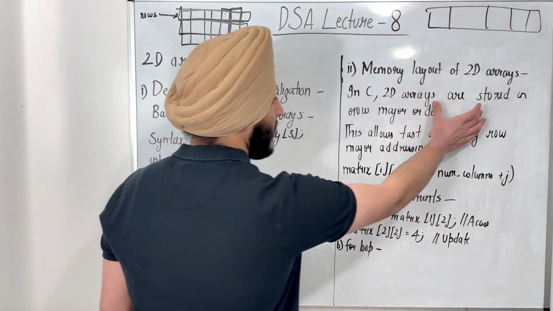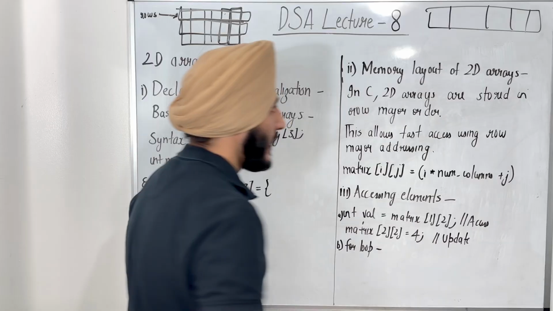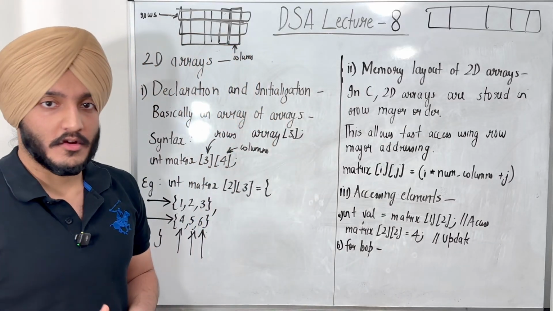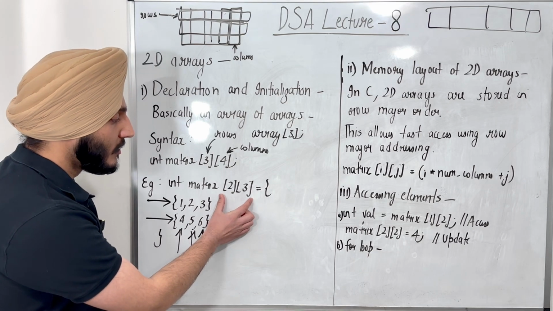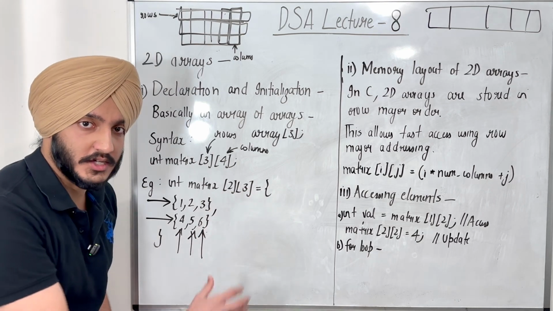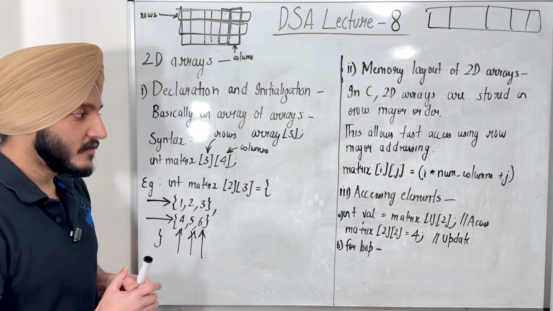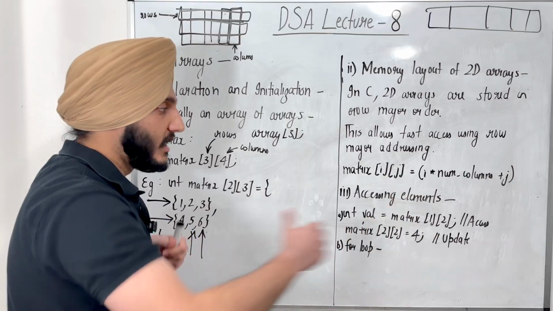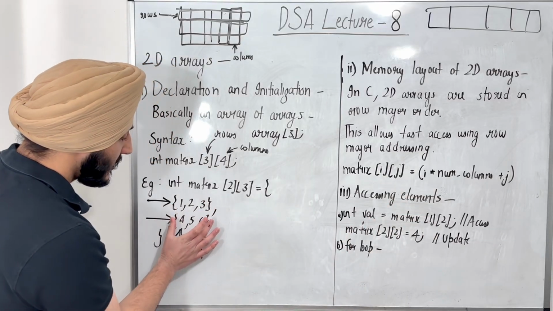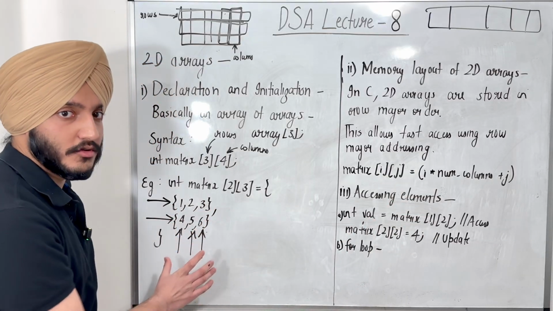So in C, 2D arrays are stored in a row major order. Okay, let's try to understand what is the row major order, right? Now think about this. This is what I'm telling the computer, or this is my visualization, I should say, right? What happens is that the computer is still storing everything in a single order. It's storing elements of the row first, then the elements of the second row, then the third row, then the fourth.